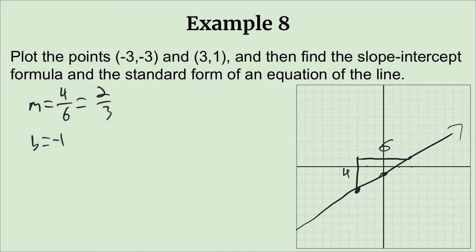The line looks something like that. So we got y equals 2/3 x minus 1. Then we're going to solve that equation to get x and y on the same side. First thing we do, multiply everything by 3. So the y, 2/3 -1.